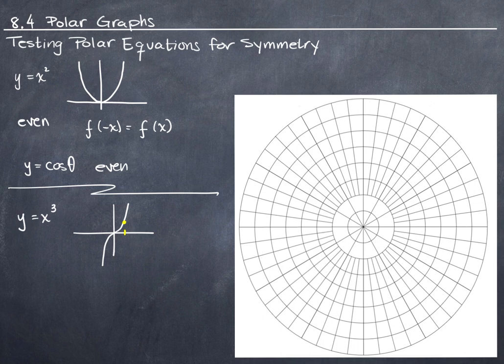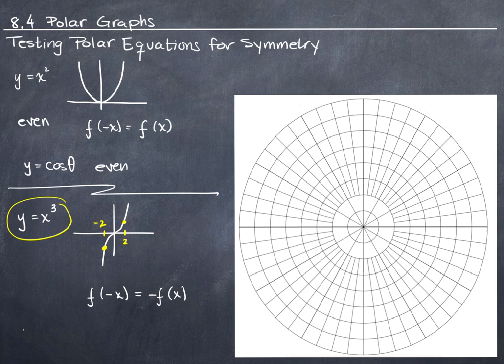If this was 2 in the function y equals x cubed, then I'd get 8 out. But if I plug in a negative 2, I'm going to get a negative 8 out. So for this function, when I plug in a negative value, I get the same number back, but the answer will be negative. So this is what it means to be an odd function.